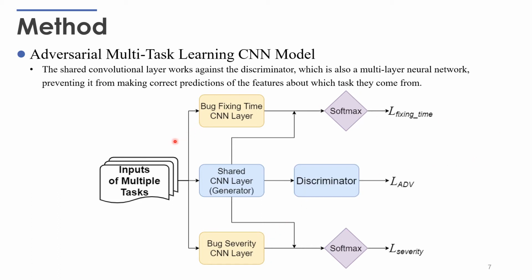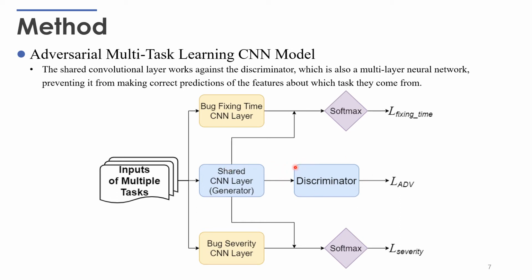This is the adversarial multitask learning CNN model. You can see that besides the shared CNN layer here, it also has a discriminator behind it. So how does it work? The shared convolutional layer generates its shared features and feeds them into the discriminator. It works against it.